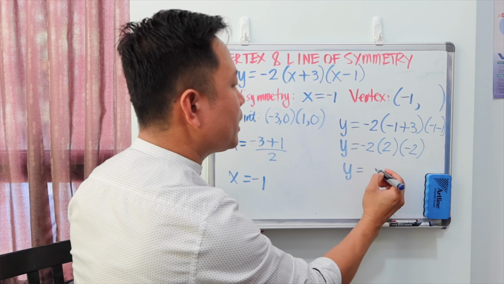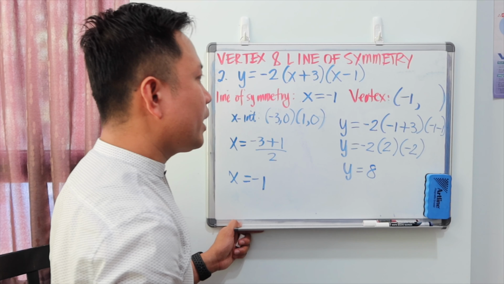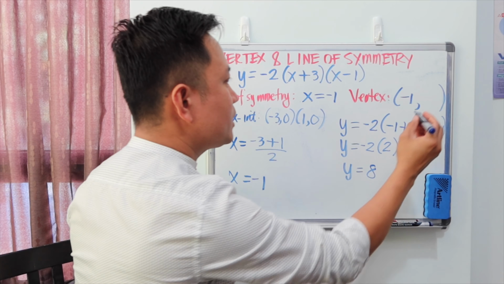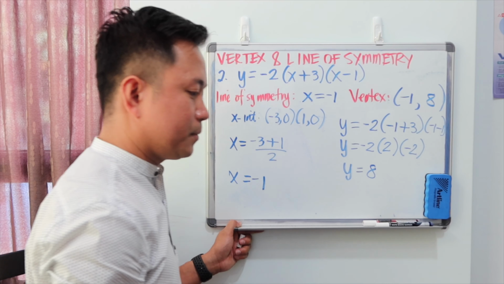Simplifying this, we have positive 8. So the vertex of this quadratic function is at (-1, 8).